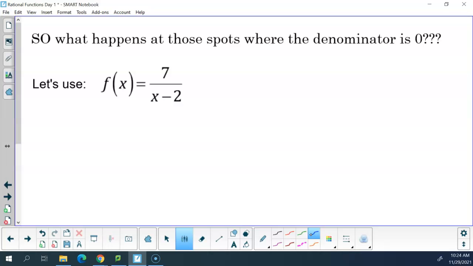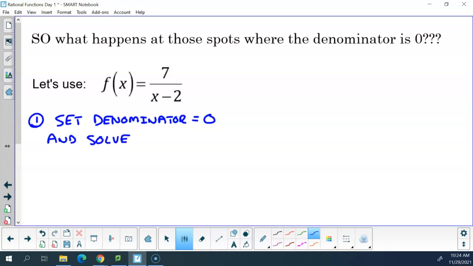Okay? And so what we're going to do is we're going to set our denominator equal to 0 and solve. Because our denominator can't be 0, we're going to set it to 0 to find out those spots where it is 0.